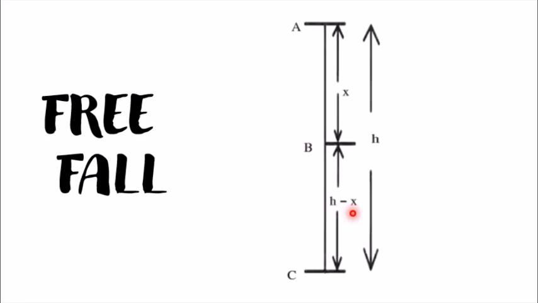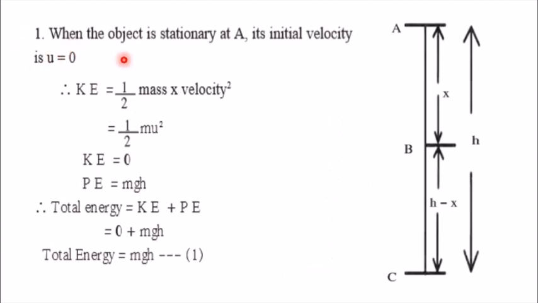Now let's see what types of energy are there at A, at B, and at point C on the ground. First, let's see when the object is stationary at A. When it is stationary at A, no kinetic energy is there. But we need to find both kinetic energy and potential energy.